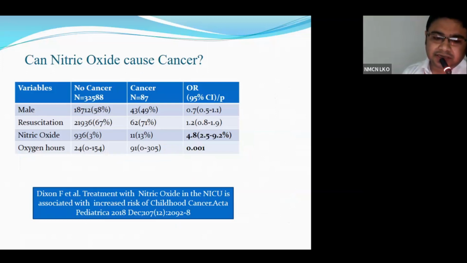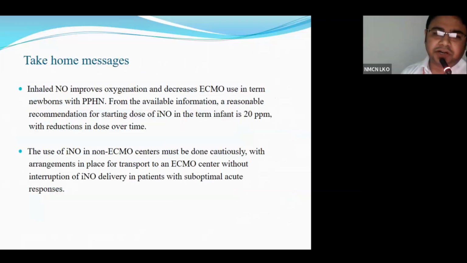One of the recent studies showed that NO can cause cancer also. So the take-home message is that iNO improves the oxygenation and decreases the ECMO use.